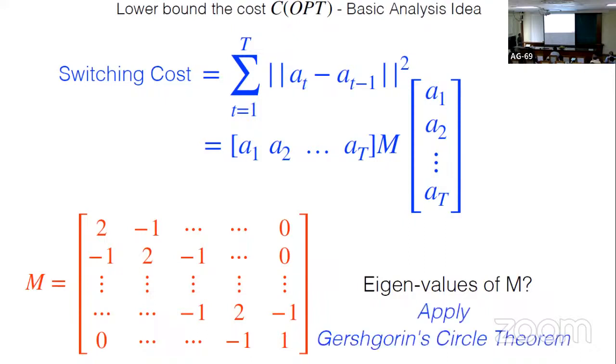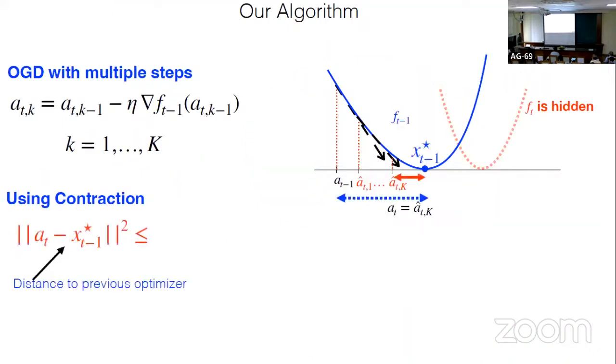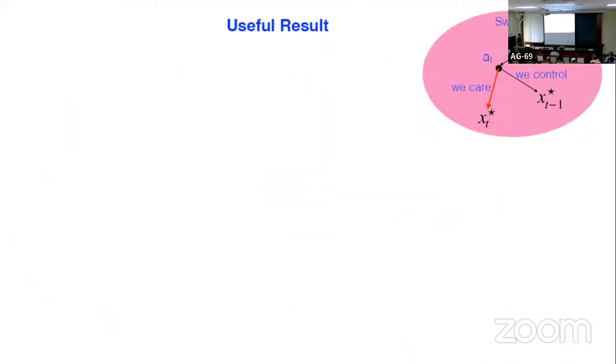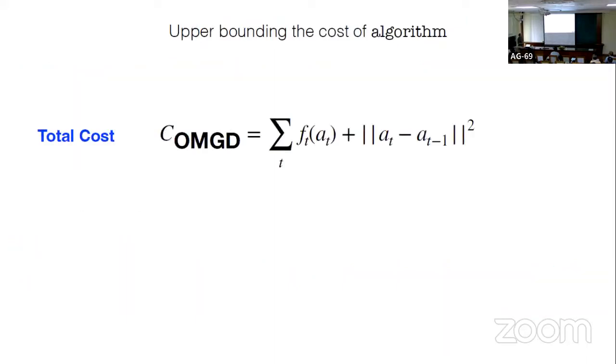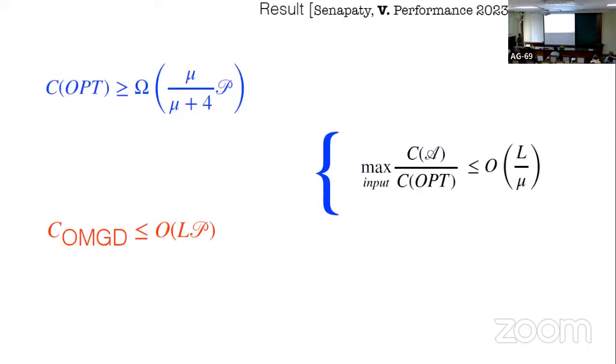So let me stop and not give the rest of the details. I might have made it sound a little too easy. Let me point to a simple problem which remains open. So this was the final result. Let me just summarize what we got. The lower bound was a function of mu and the path length.